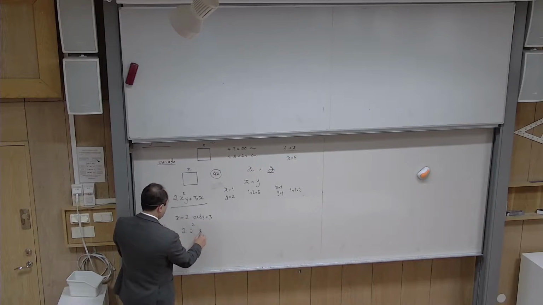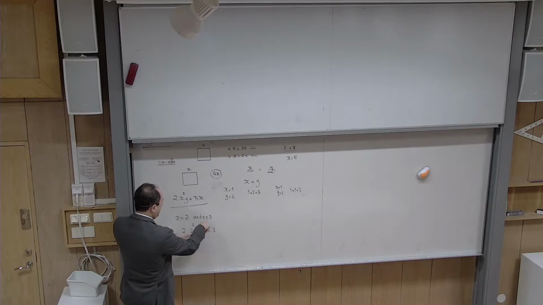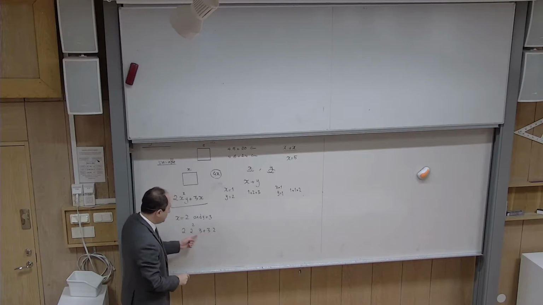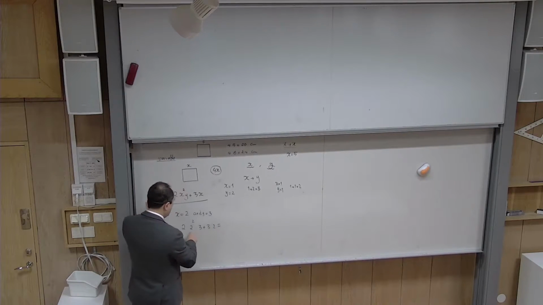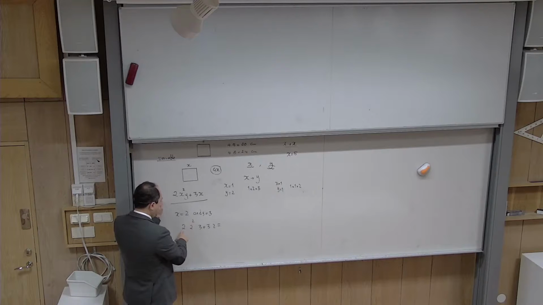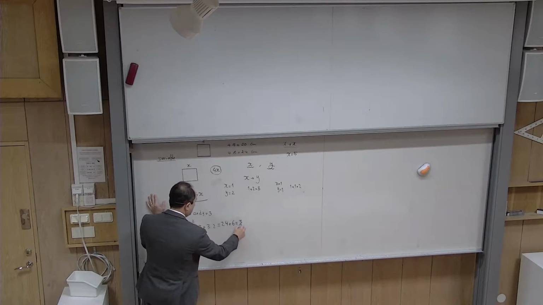Here y is 3, and then plus 3 times 2 again. Because x appears in 2 positions here, I have to replace all of them with 2, and I have to replace every appearance of y with 3, and then at the end you get a number, and that number you should calculate. So then what happens? It becomes 4 times 2, 8, times 3 is 24, and then I have plus 6, the answer becomes 30. Yes?